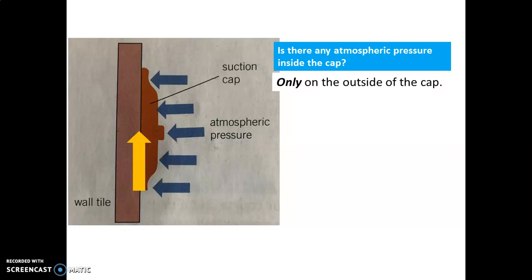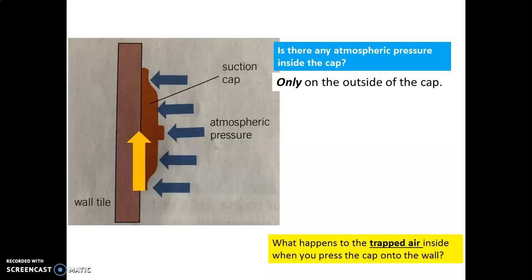Well, there isn't. Only on the outside of the cap or cup do you have a force being exerted due to atmospheric pressure. So in other words, you only have atmospheric pressure acting on the outside of the cap, not from within inside it, between the wall and itself.